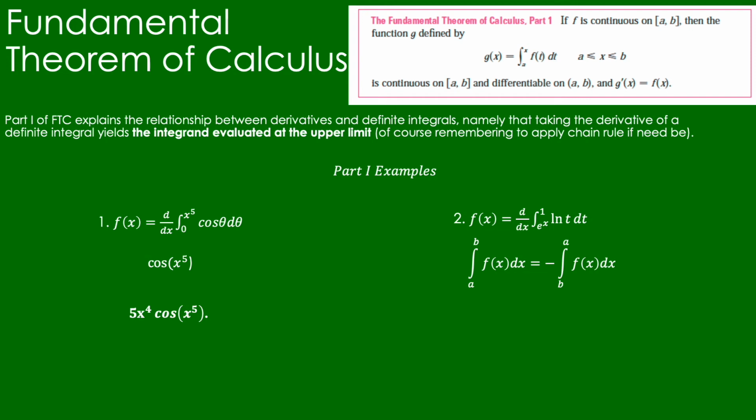That will make it equivalent. So we're going to do that for this problem so that the variable is on the upper bound. And then we'll apply FTC part 1, plug in e of x, and then multiply by its derivative. Then that simplifies using log rules to this.